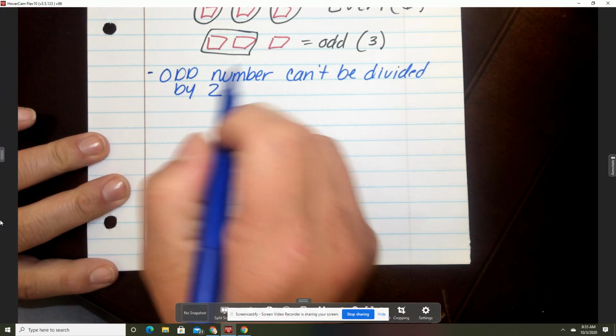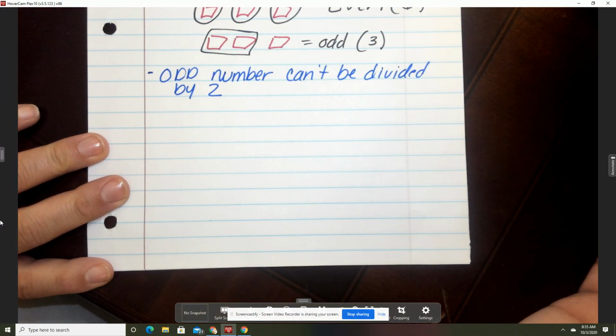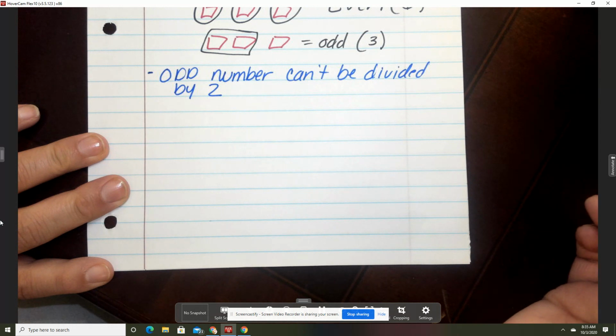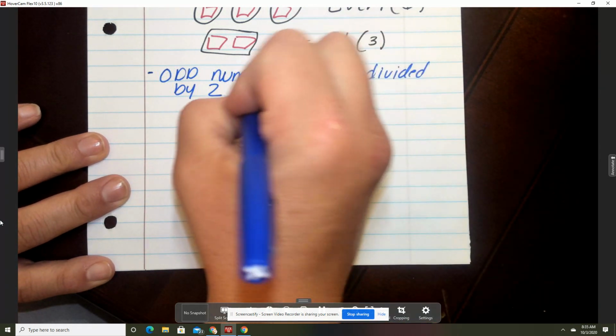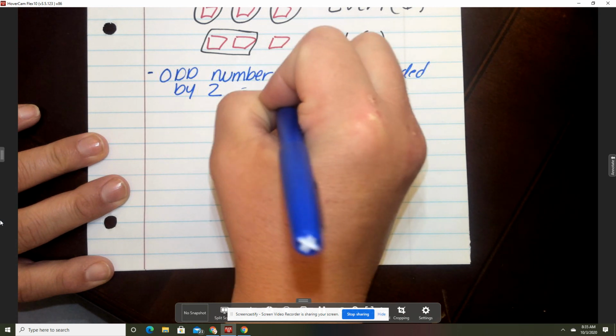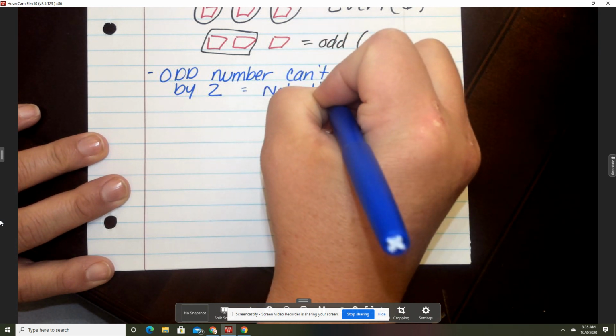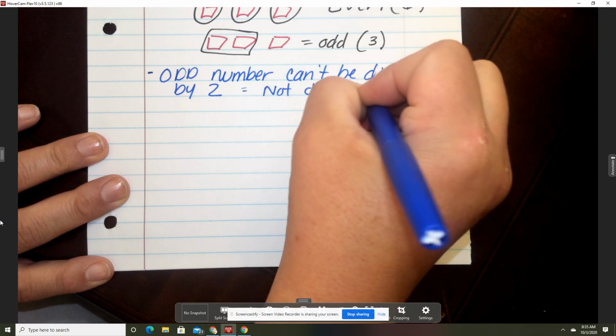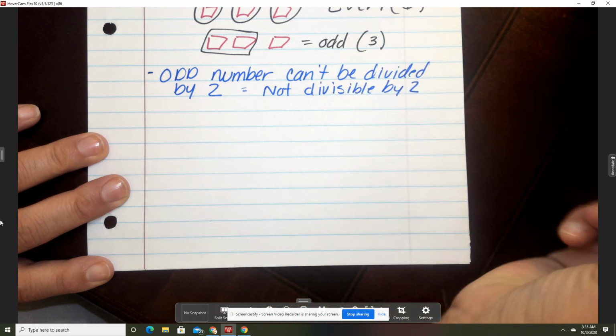Okay. If you divided, I mean, you can divide an odd number by 2, but there's going to be a remainder. So this is called not divisible by 2.